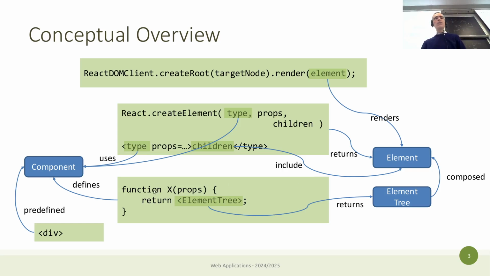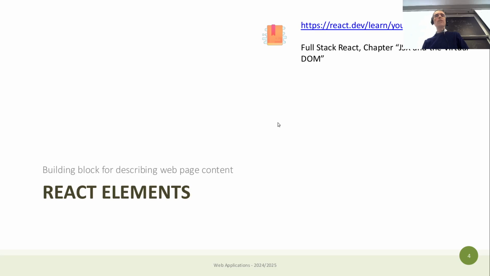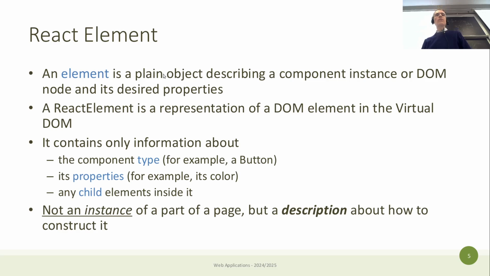And the function needs to return actually not an element, but an element tree. Okay, so a single element is also an element tree, but when we will have siblings, let's say, we will have to have a single root element, the root of the element tree, that is composed, of course, by elements. Okay, so React elements. What are these React elements?